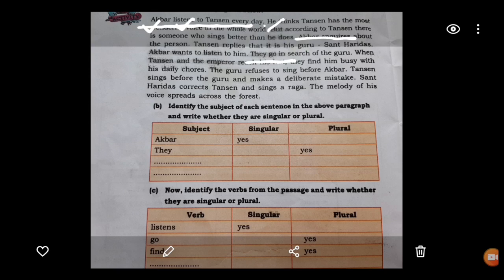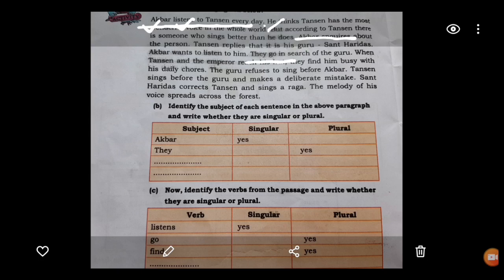No. Why there is no S? Yes, look at the subject. That is they. What do you mean by they? That is plural, not a singular. So there is no S. Right?